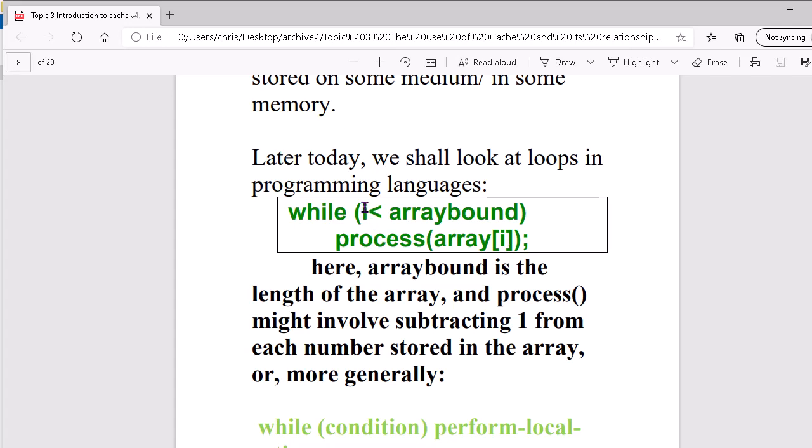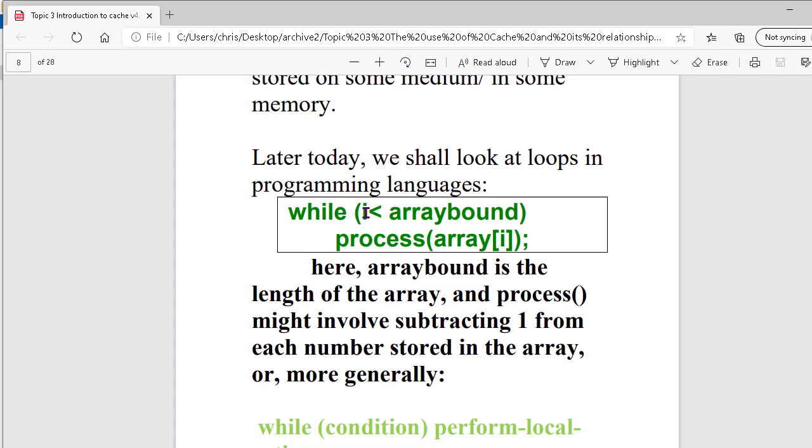So initially perhaps I is going to be 0, and 0 is less than the length of a particular array. I'm going to process the 0th, in other words the first array element, and then increment I by 1, I get 1 is less than the array bound, process the second array element, that is array 1, the first position in the array, and so on.